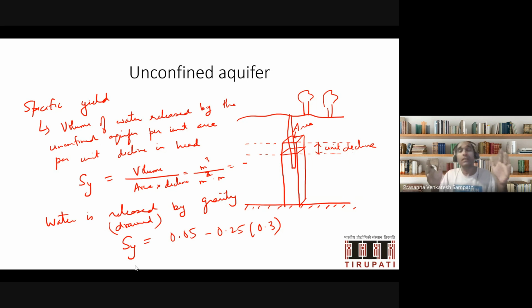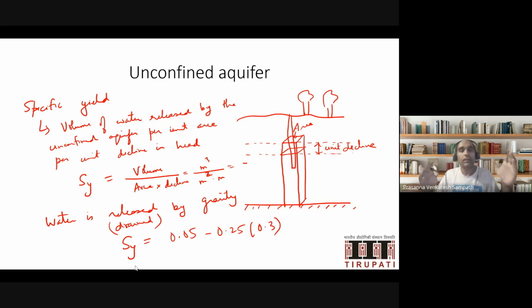So that is the analogy that you can think of in the context of an unconfined aquifer. It is just the water that is draining out of the pores by virtue of the fact that gravity is a stronger force than the intermolecular forces of attraction between the soil particles and the water molecules. Right? The rest of the water is going to be held back by the strong forces of attraction between the soil particles and the water molecules.